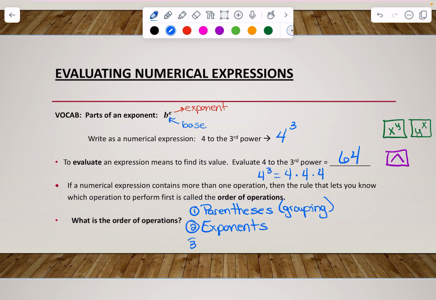The third thing we do is multiplication and division, but we do it in a specific order: left to right. And then the fourth and final thing we do is addition and subtraction. Again, we do that left to right.